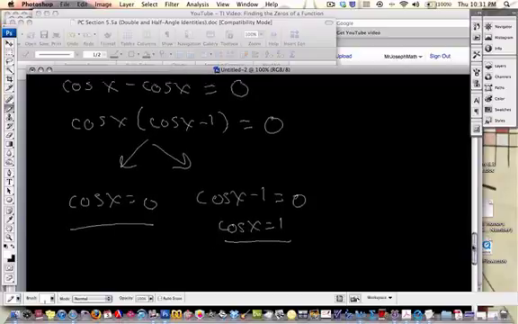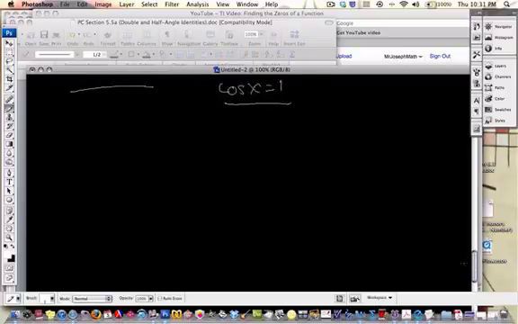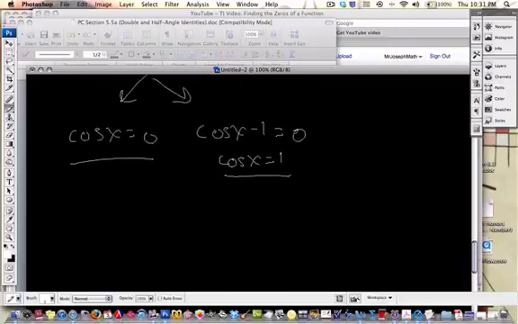We know what cosine x equals, but we want to know what x equals. So let's start with cosine x equals 0. That works whenever x is pi over 2 and 3 pi over 2. Cosine x equals 1 when x is 0, or 2 pi, but I'm going to write it as 0.